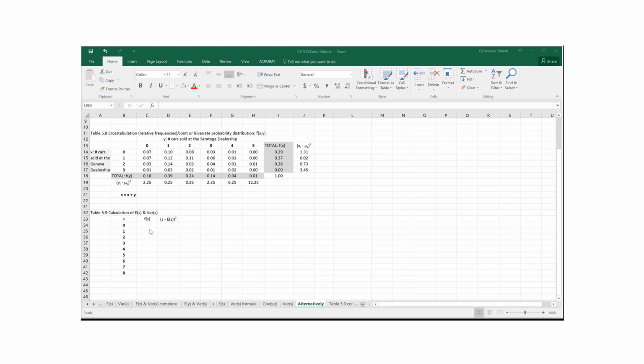So for S value equals 0, that can occur only when x equals 0 and y equals 0. So that f of S over here corresponds to f of 0, 0 over here.